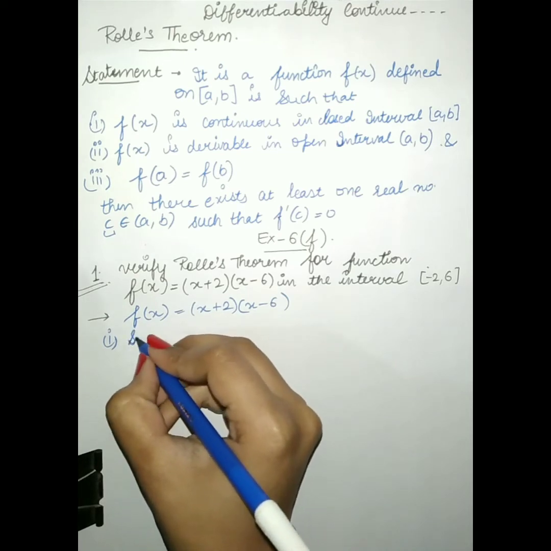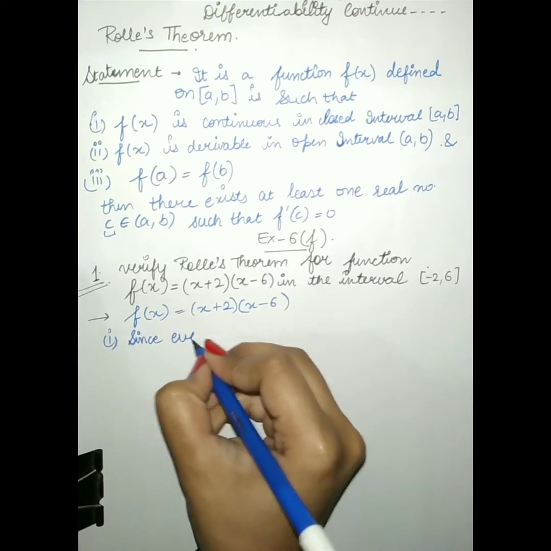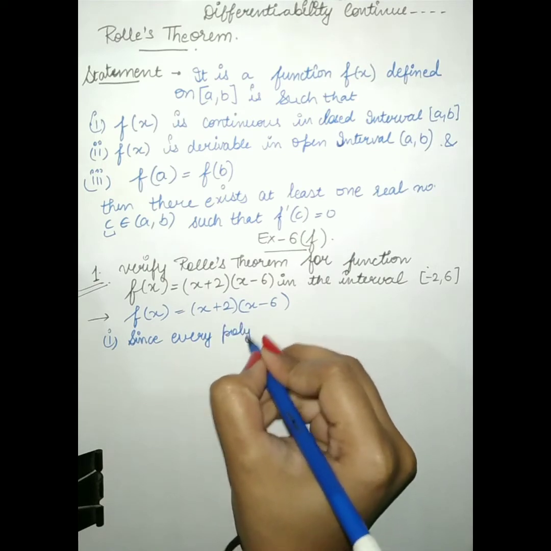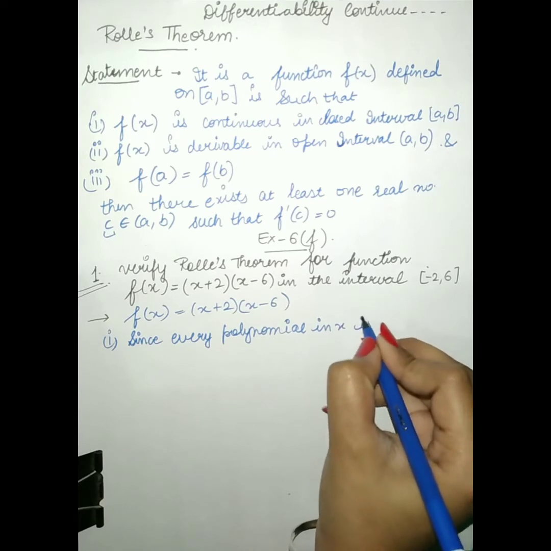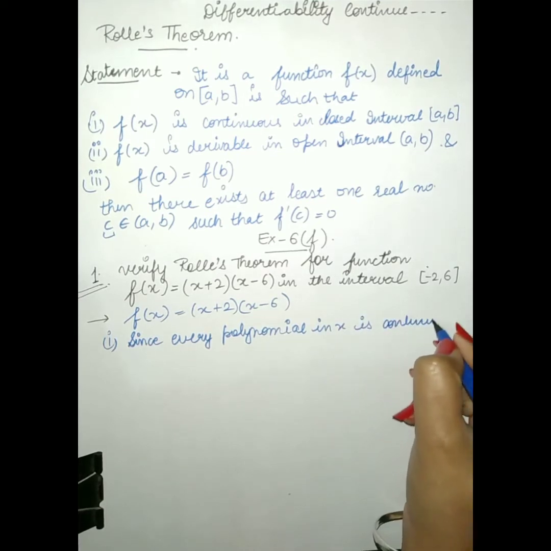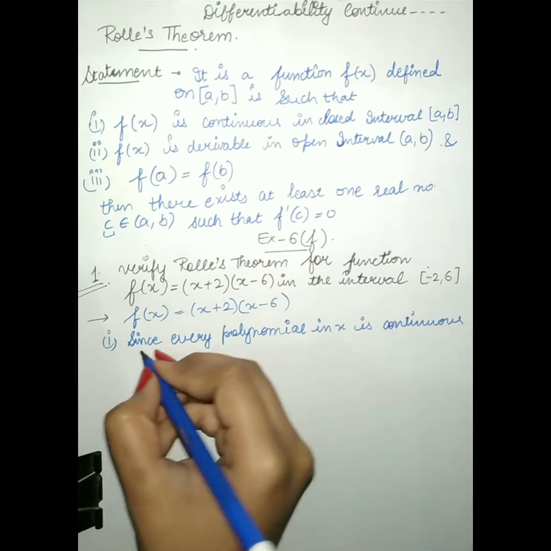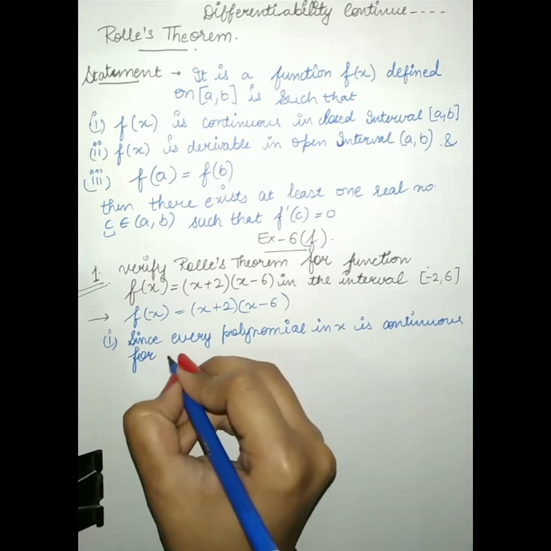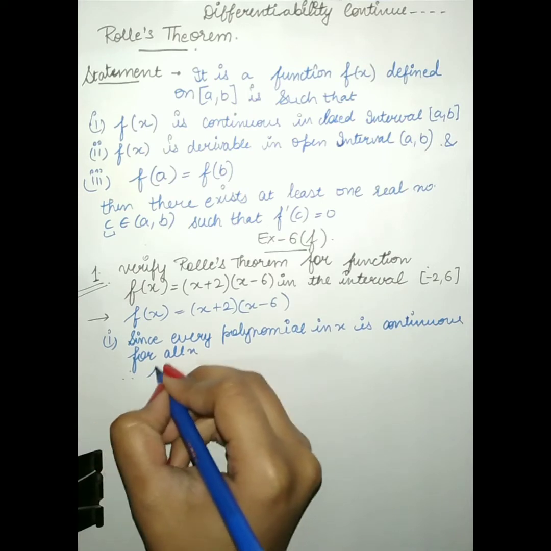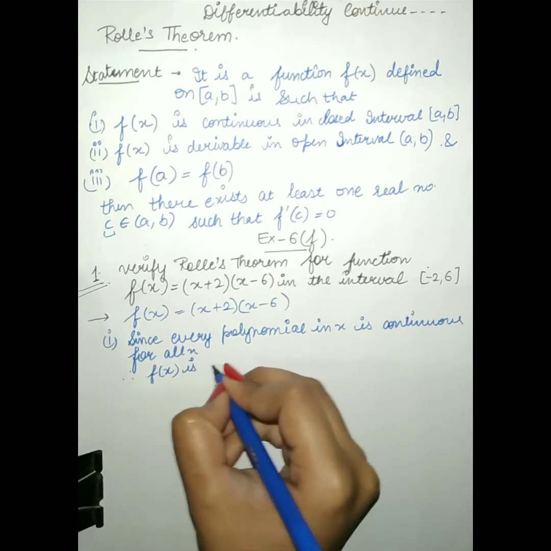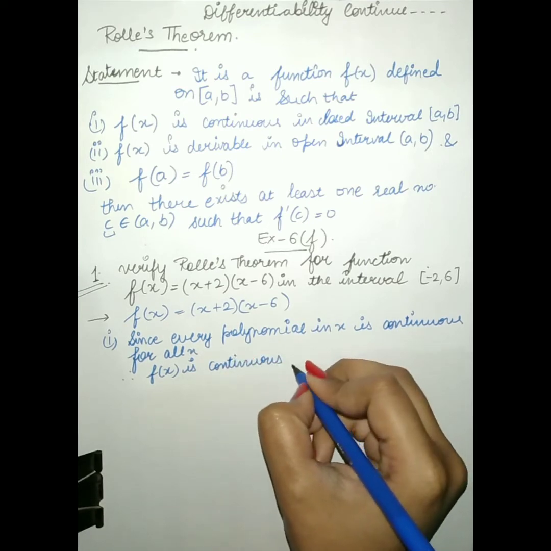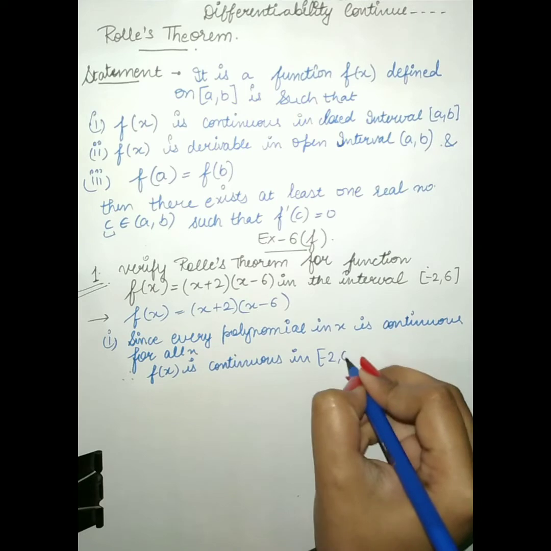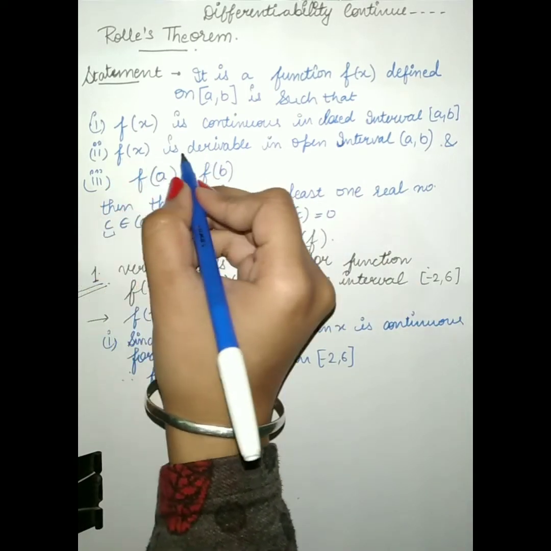We know that every polynomial in x is continuous for all x. So therefore f of x is continuous in minus 2, 6.